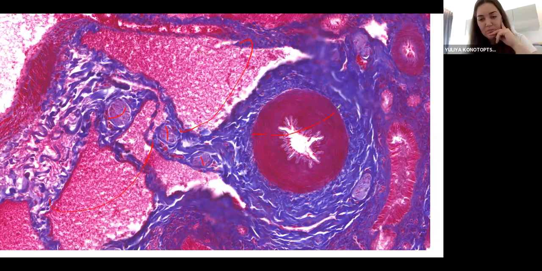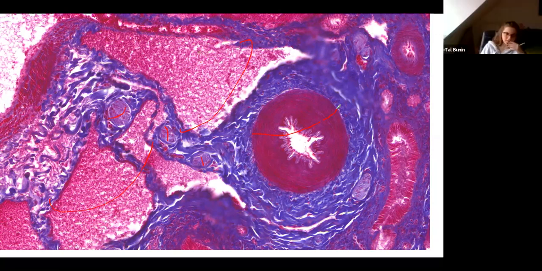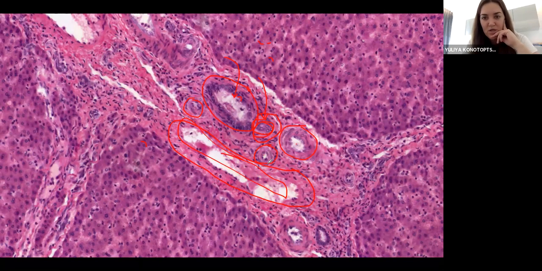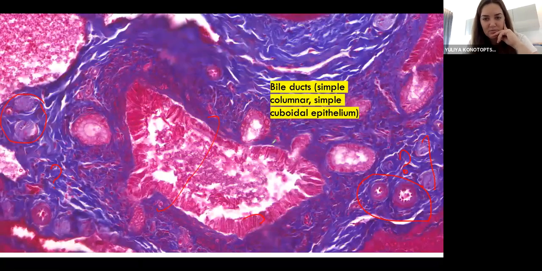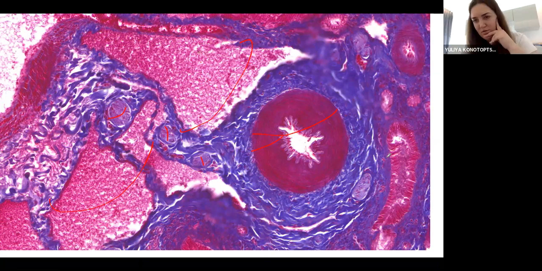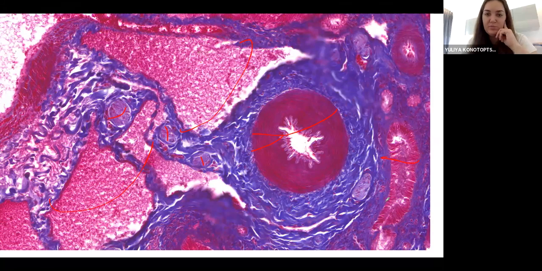This one? Arterial. Arterial? No. This is arterial. Okay, arterial is this one. These little tiny structures are arterioles. This one, look at the muscle layer. An artery. This is hepatic artery. It's a huge artery. What about this one? Duct. Bile duct. Because epithelium is columnar, so it is a bile duct. So these ones are on the bigger side. They're the main vessels which will be giving you these branches that we see.